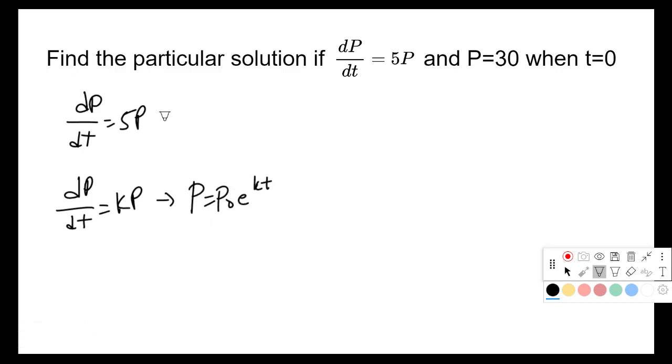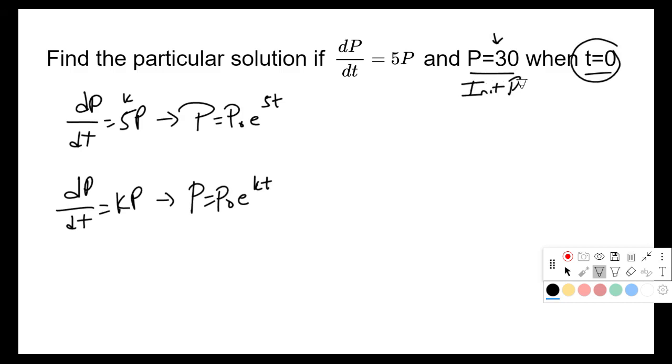So then if dP/dt is equal to 5P, then P is equal to P naught e to the 5t power, because k is just 5 now. And then P equals 30 when t equals 0. So there's two ways you can think about it. When t equals 0, P equals 30. That means the initial population is 30. So that would give you P equals 30 e to the 5t power.